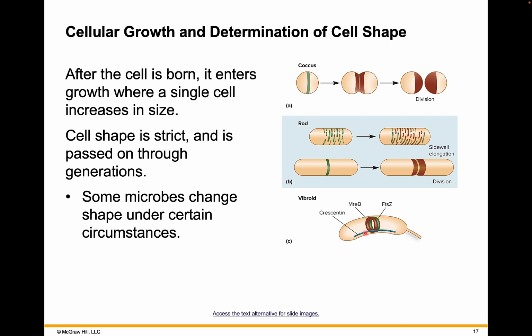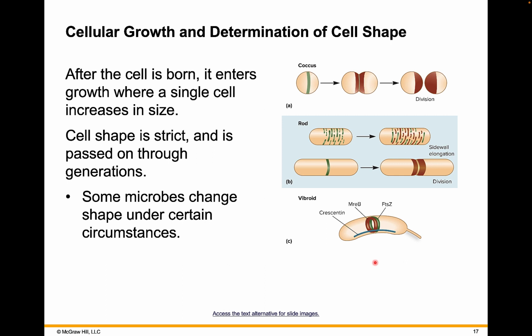In addition to those, the curved side has another protein called crescentin. There is unequal growth on this side: with crescentin in this area, the cell wall and plasma membrane growth is less on this side compared to the other side. That unequal growth gives the comma-shaped cells.